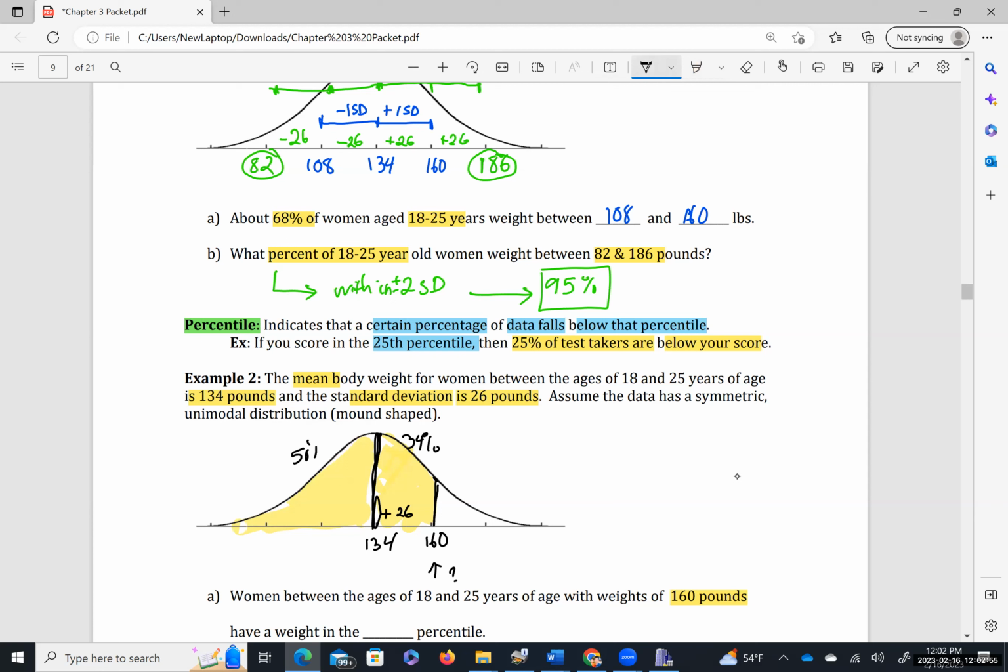So you add everything together, and keep in mind that percentile will be equal to the area below, or the left area, in percent.